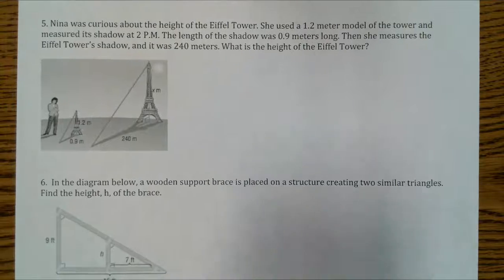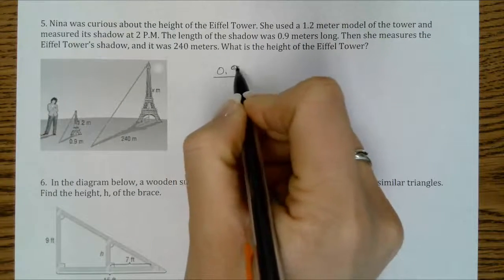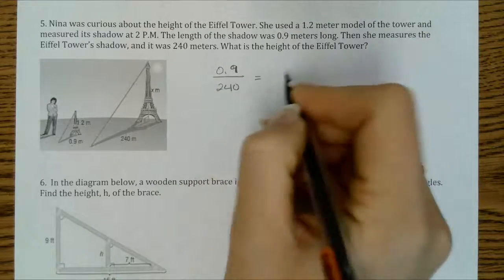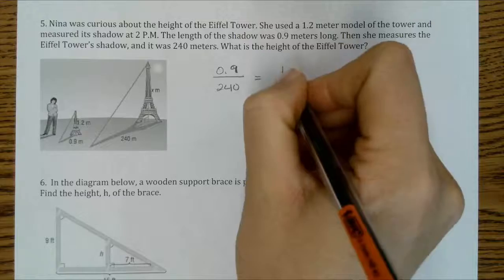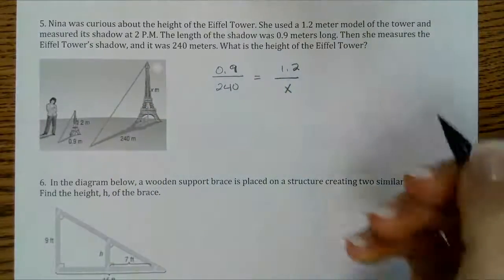So if you look at our triangles, we just have to set up a proportion. So our 0.9 will match up with our 240, and our 1.2 will match up with x, and we're going to solve for x.